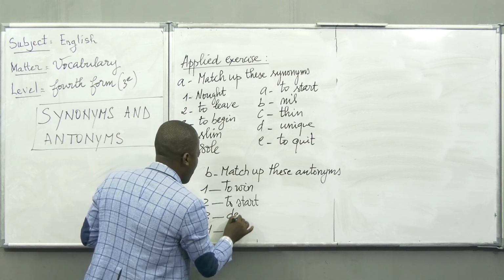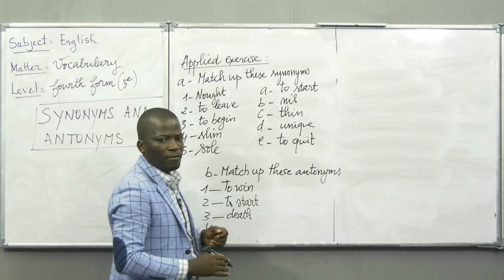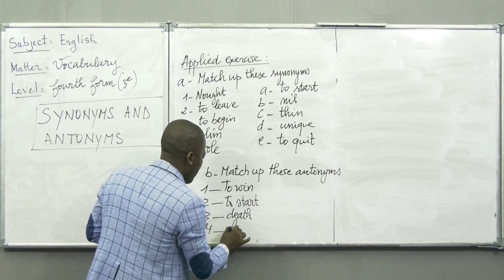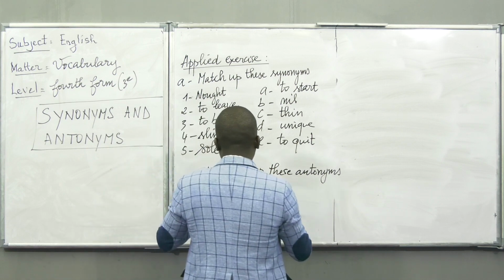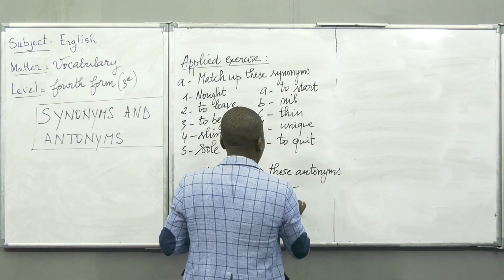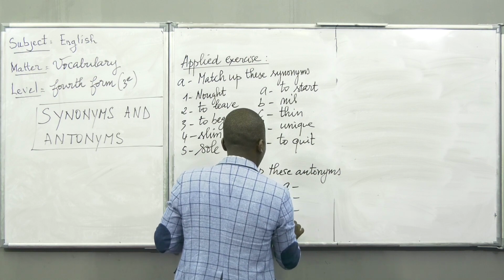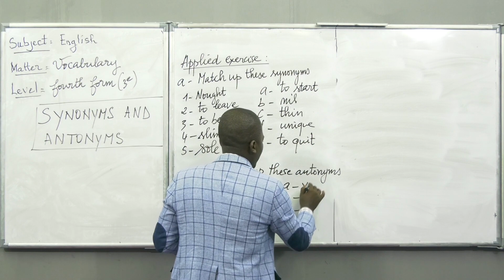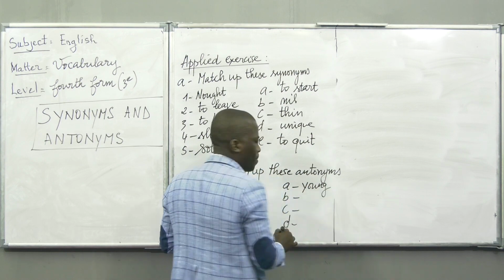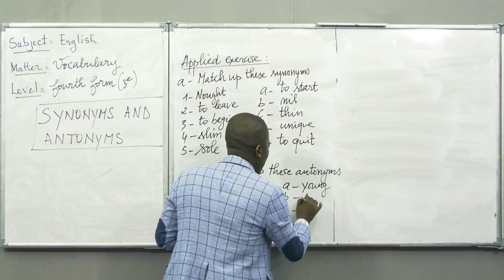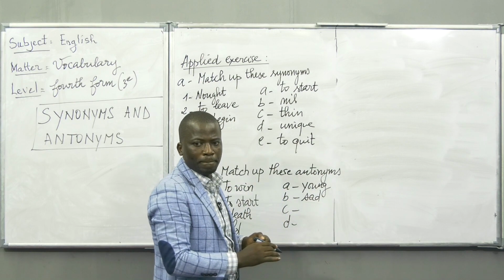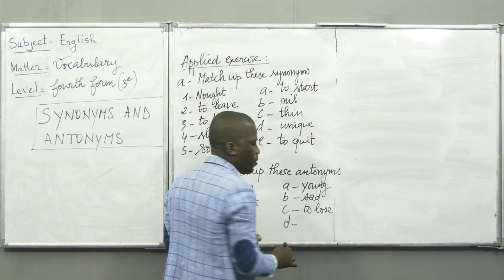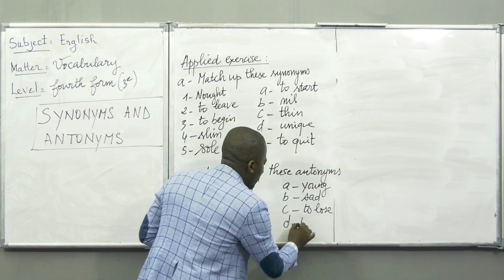Deaf. Old. A, B, C, D. Now A we have young, sad, to lose, okay, to finish.